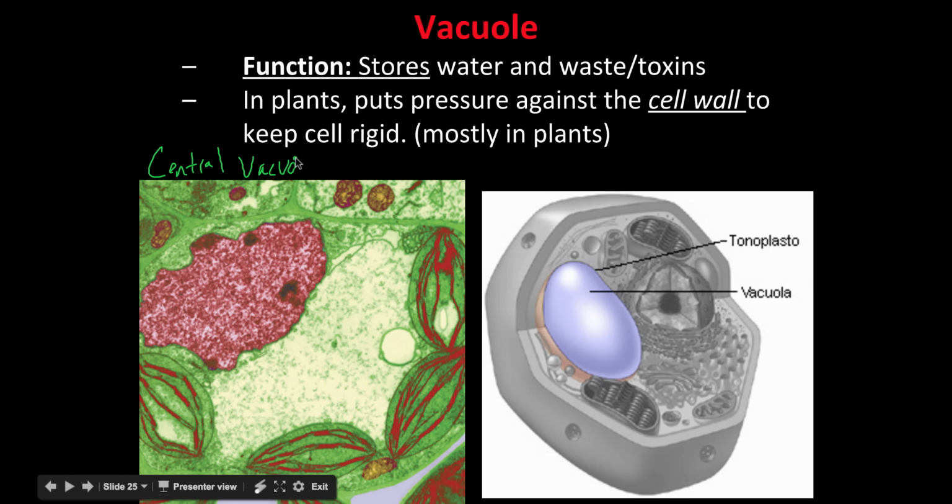Right in here, we can see this central vacuole, right there. So when you look at these vacuoles, they're going to fill with water and put pressure up against the outside of the cell to keep it rigid, to keep the plant rigid, and provide that structure.